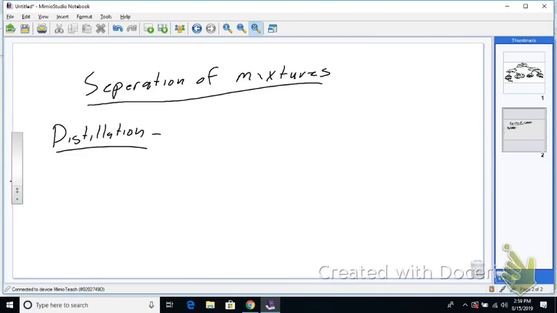So distillation is a process of separation of a mixture based on volatility.